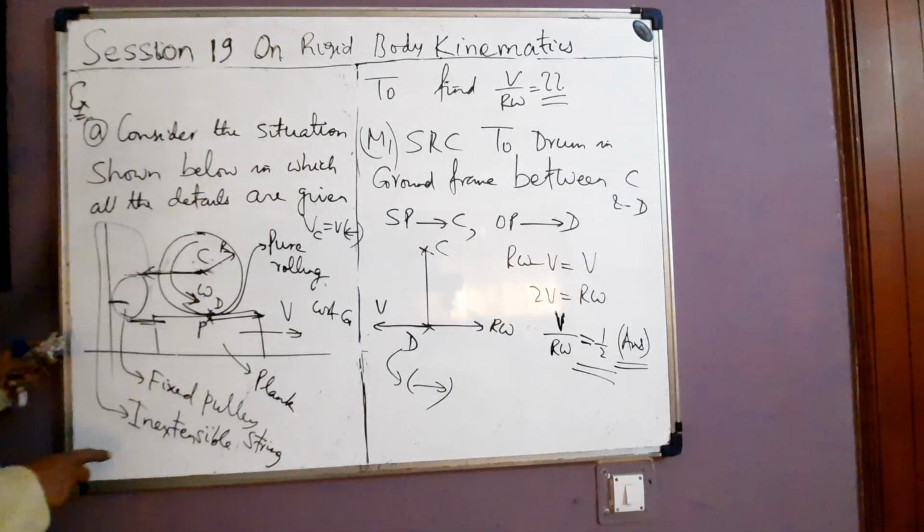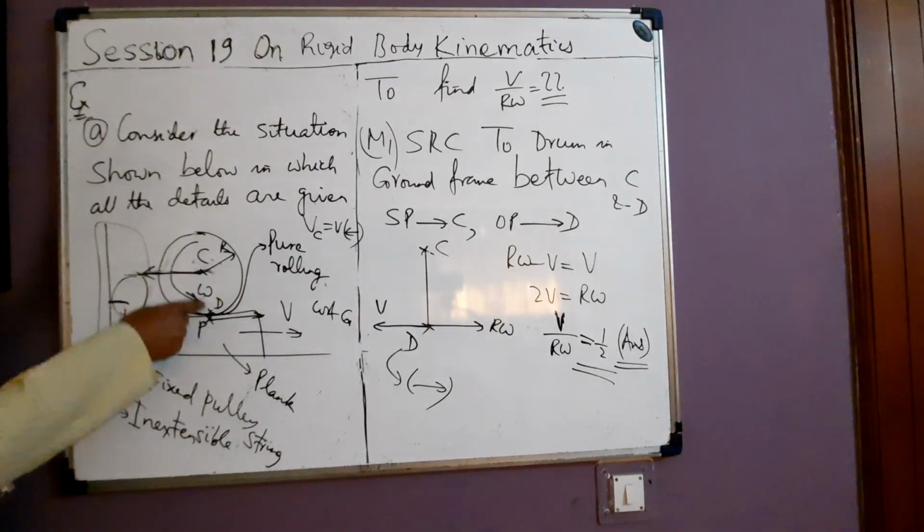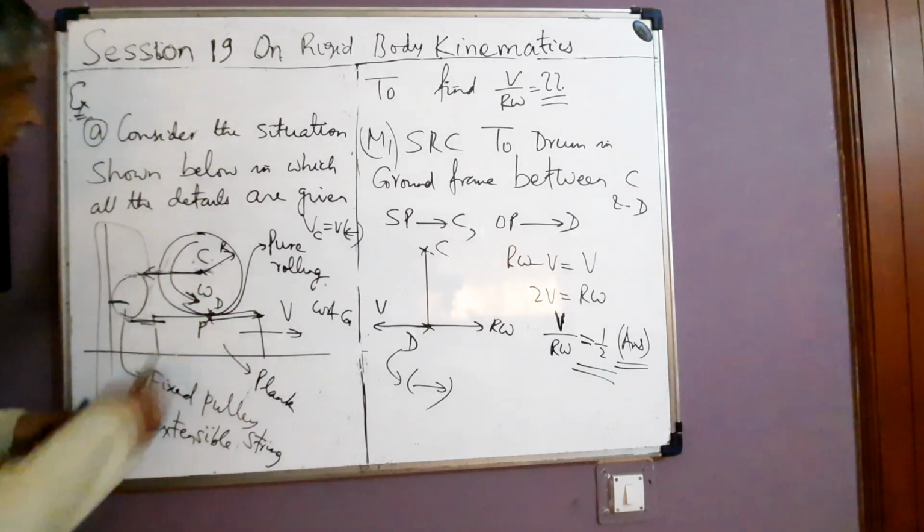In method 2, we apply the concept omega is equal to relative normal speed by separation, applied to the line CD of the drum.